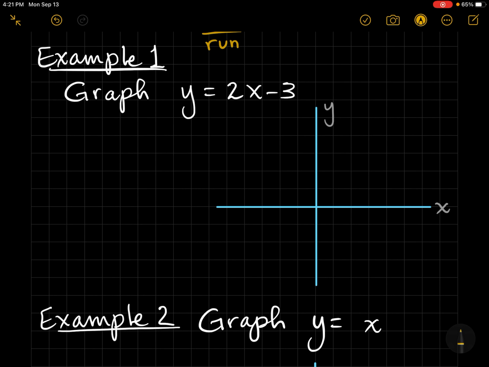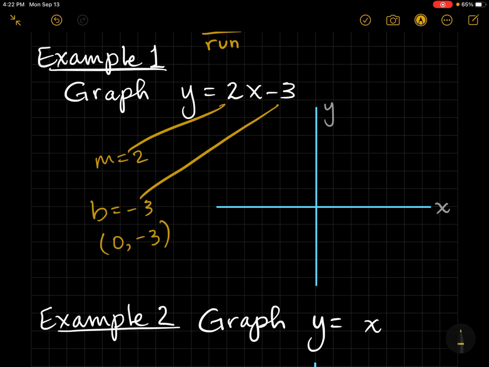Let's see if you recall from algebra how to graph y equals 2x minus 3. The first thing I'm going to recognize is that my slope is 2 and that my y-intercept is -3, or you can think of that as (0, -3).